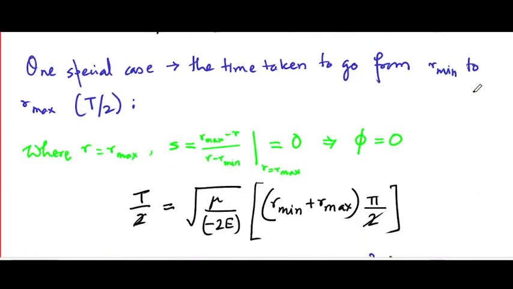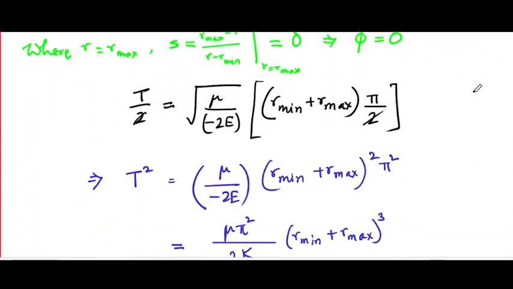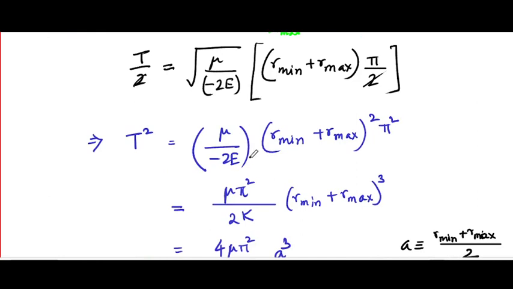And therefore, plugging that into this expression in place of E, we get T square is mu times pi square by twice k, and this Rmax plus Rmin that you had here goes up, and you end up with Rmax plus Rmin whole cube.